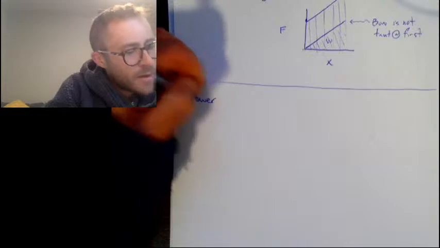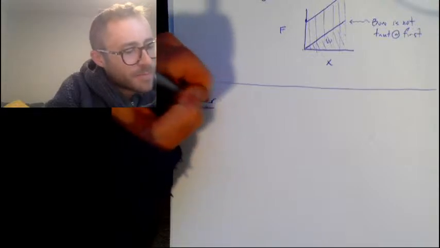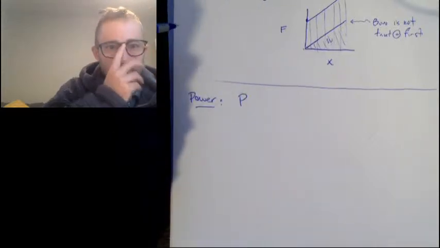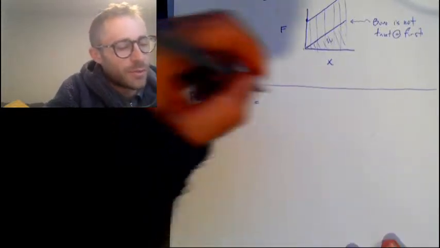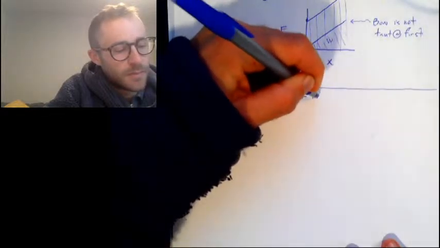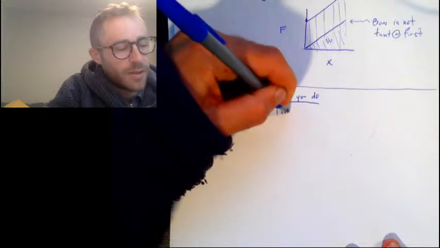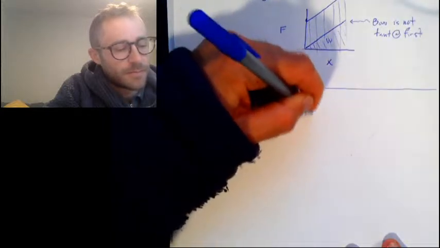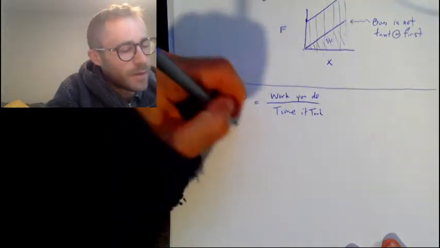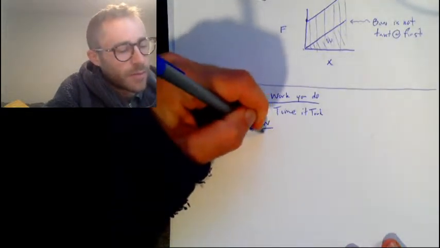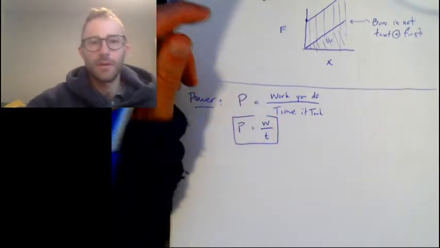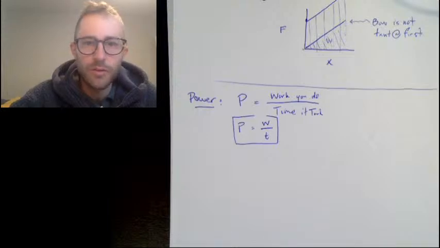Power is denoted by P, and power is equal to the work that you do divided by the time it took. Okay, so power is work divided by time.